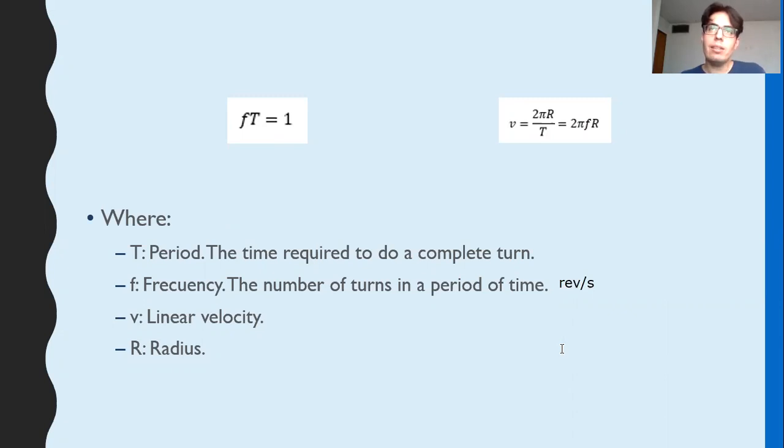And the period is like the opposite of frequency. It's how much time you require to do a whole spin, a whole turn, or a whole revolution, and it is measured only in seconds. So they are equivalent to one another.